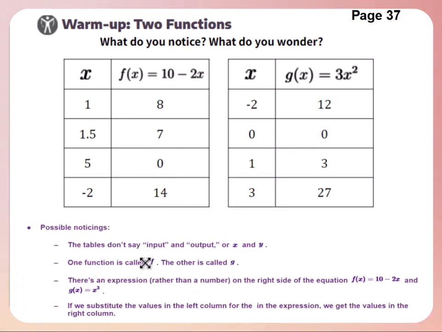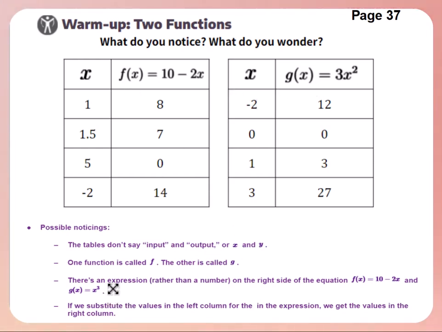What do you notice? What do you wonder? Some possible things you could notice is that the tables don't say input and output, or they don't say x and y. One function is called f and the other is called g. Did you see that?